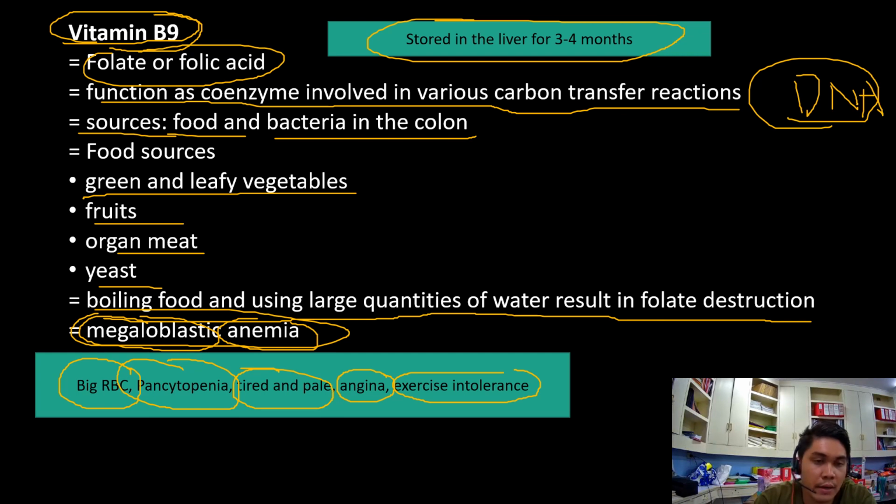Meaning the patient doesn't feel like exercising, or if they do exercise, after a few minutes they stop because they feel tired. The patient is tired due to the decrease in RBC count. So there's exercise intolerance in megaloblastic anemia.